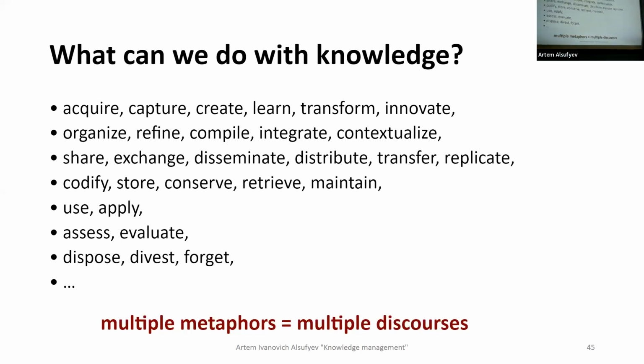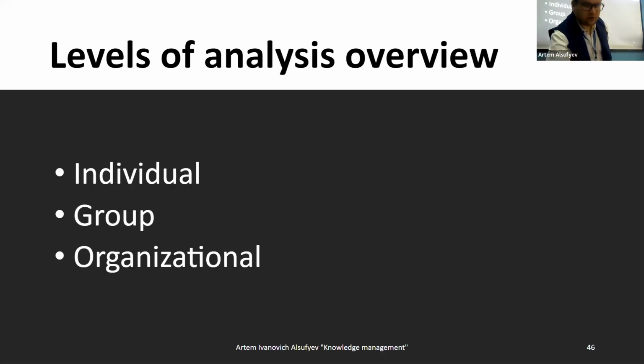Someone asked me why there are 9 processes. Please look at this bunch of verbs. As you assume, we could come up with dozens of different knowledge-related processes that could take place at individual, group, or organizational level.